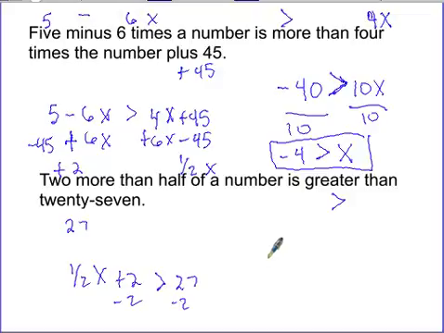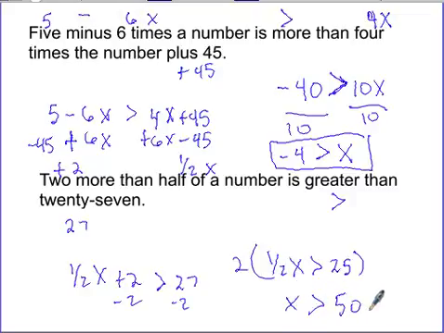Subtract 2. 1/2 x is greater than 29. Multiply by 2. It's 25. Oh, I subtracted 2, not added 2. Well, hello there. That's fun. 25. So we're multiplying by 2 still. So x is greater than 50. Thank you for catching that. I was just checking to see if you were paying attention.